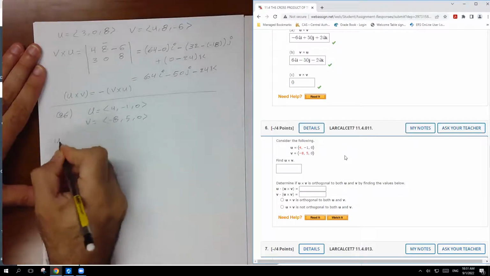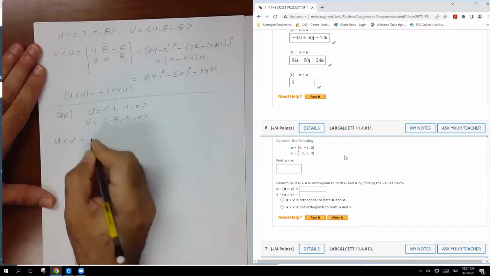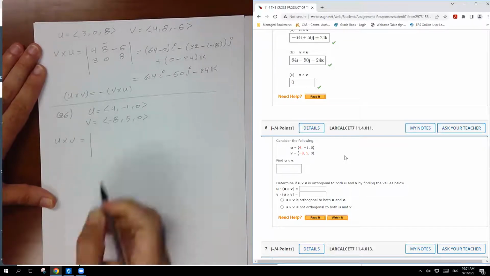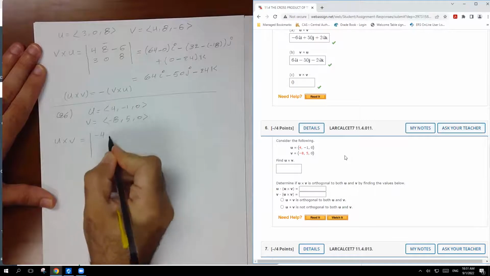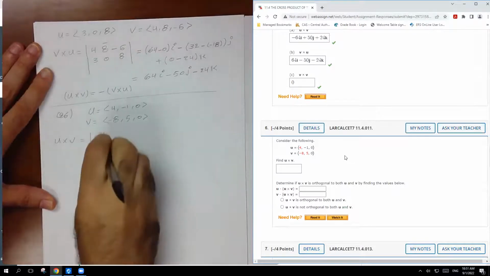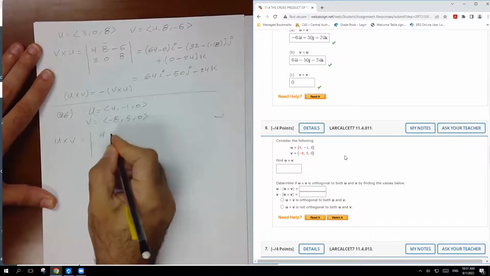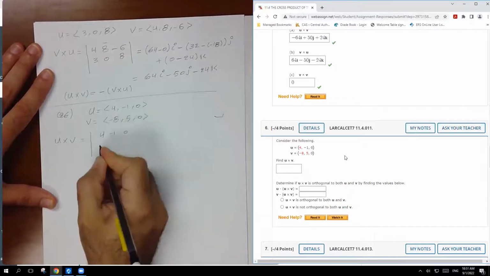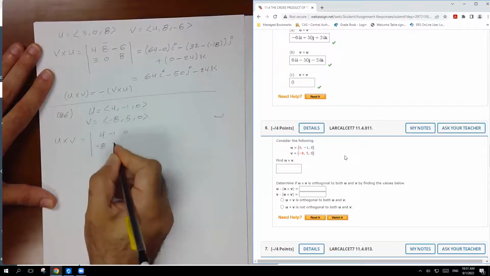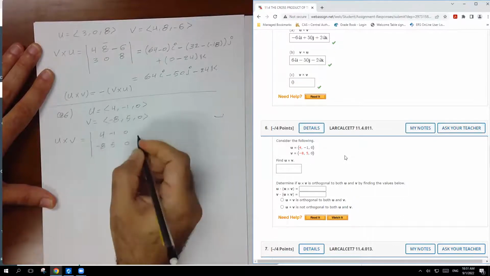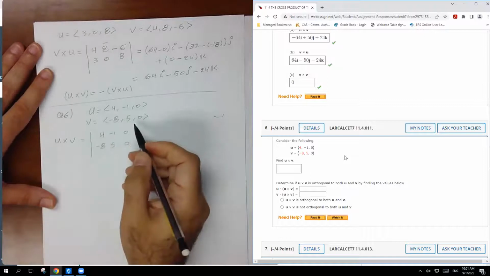The cross product between u and v is going to be, this is u, which is 4, negative 1, and 0, and v is negative 8, 5, and 0. We have two zeros here.